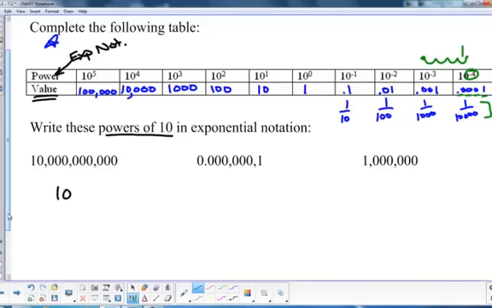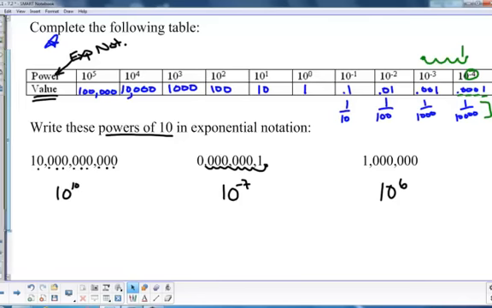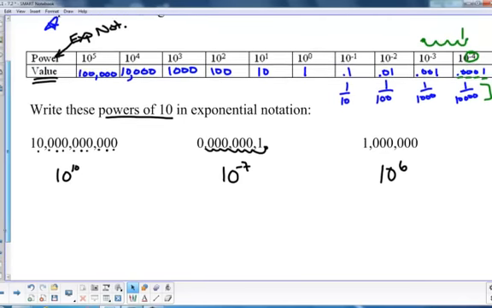So this would be 10 to the, how many zeros are there? 10, because there's 10 zeros. And this time we have moved it 1, 2, 3, 4, 5, 6, 7 spaces back. So this is 10 to the negative 7. And this time we have 6 zeros, so 10 to the 6. And you can always test these in a calculator if you're feeling confused.